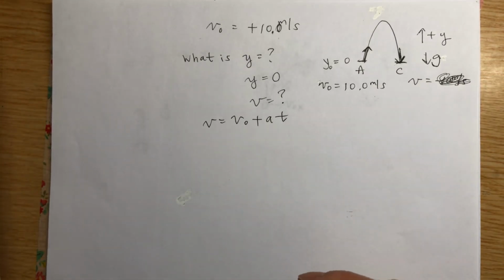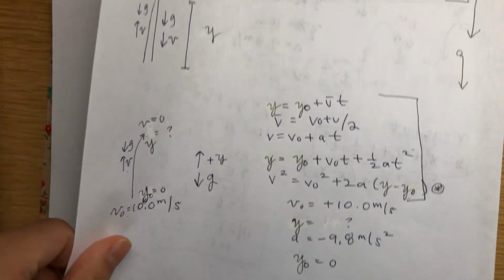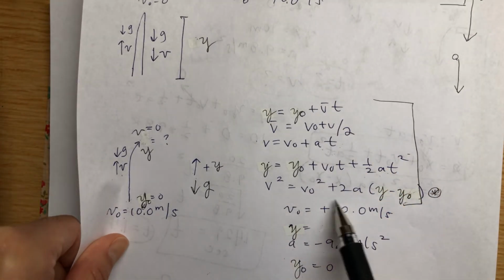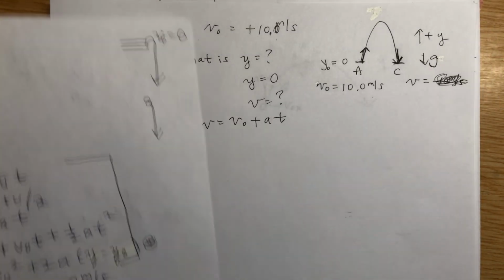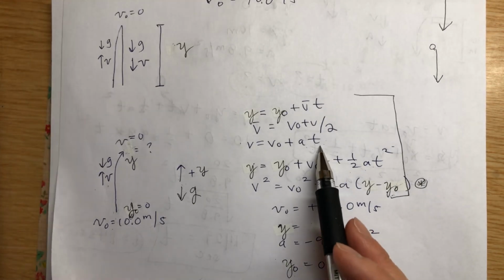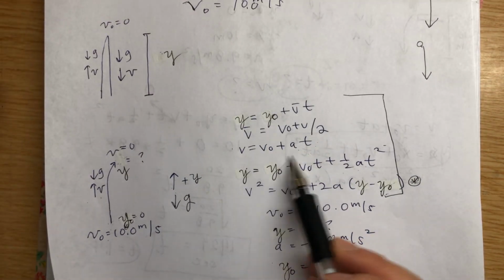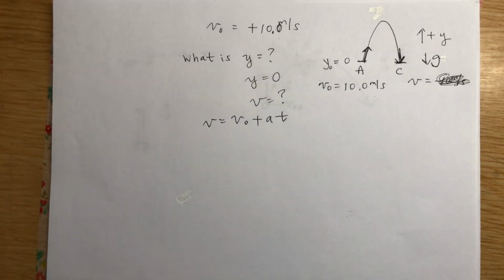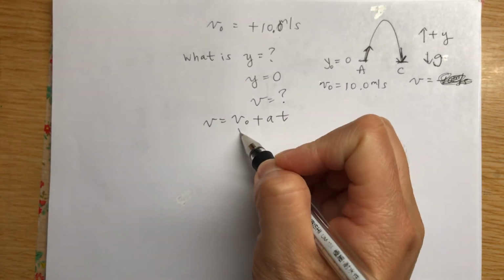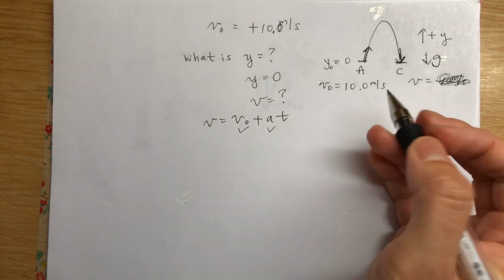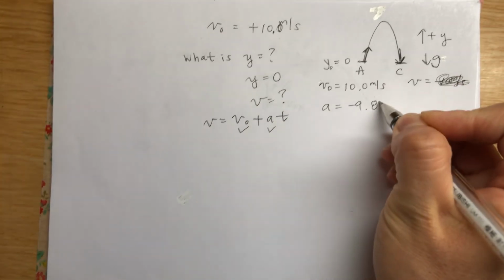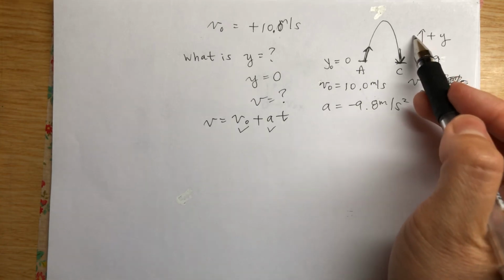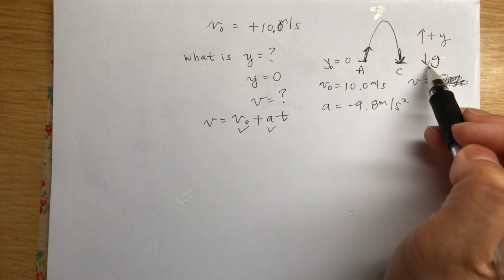So then you look at the 5 equations and you figure out which one you want to use. And again, this one seems like it's the easiest. Let's see if we have everything. So we have V naught, we have A here. A is negative 9.8 meters per second squared because we made positive in the y direction. So acceleration is negative.